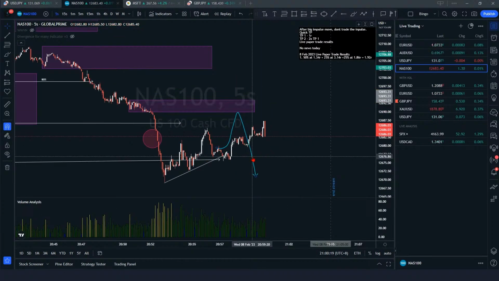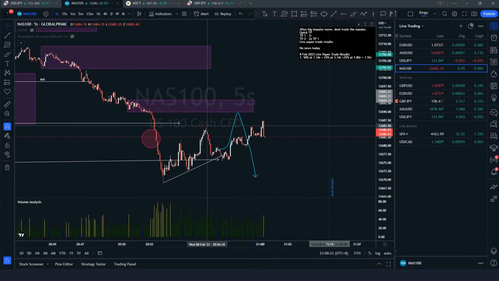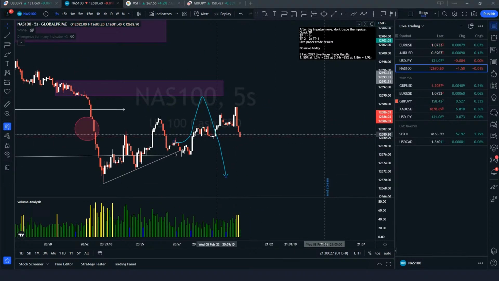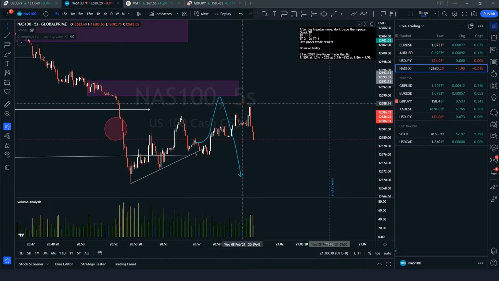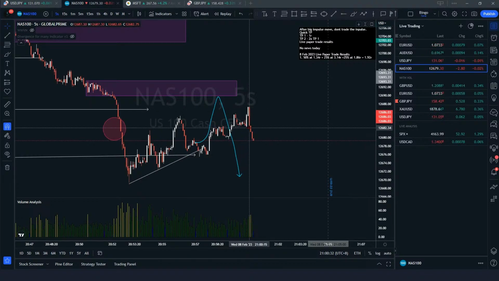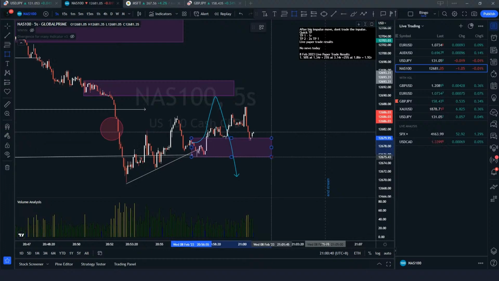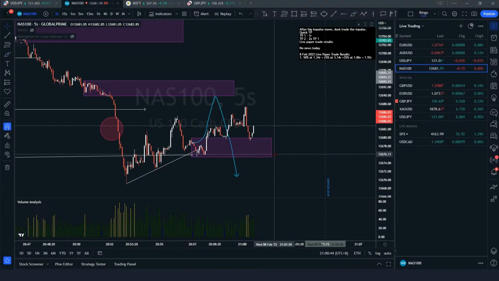Okay, price flowing out nicely, and okay. This is actually a good confirmation, but unfortunately, I mean, price has tapped into this unmitigated area.